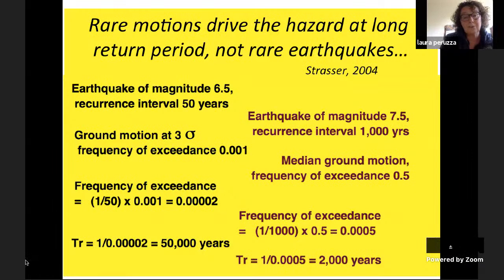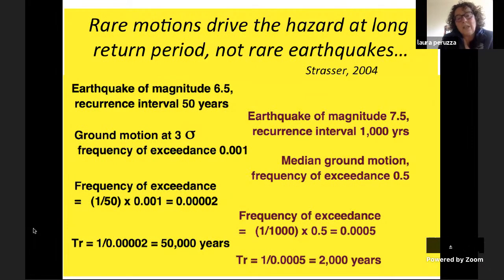If we take the ground motion level at 3 standard deviations, we have a frequency of exceedance that is representative of a return period of about 50,000 years. While if we consider a magnitude 7.5 with a recurrence interval of 1,000 years, and we take the median ground motion, frequency of exceedance 0.5, the return period of this event is only 2,000 years.